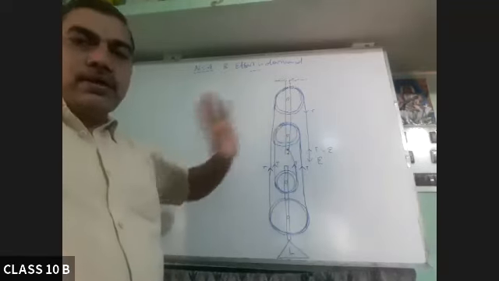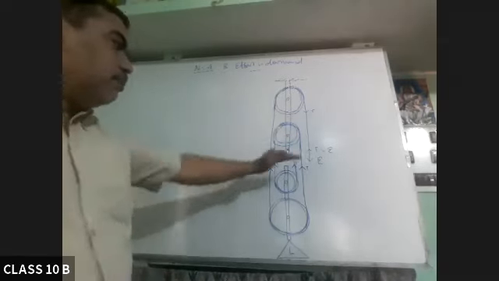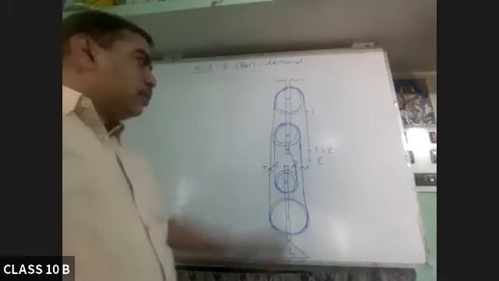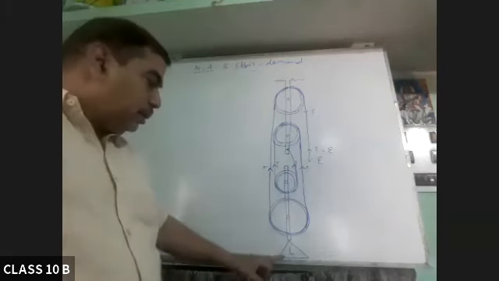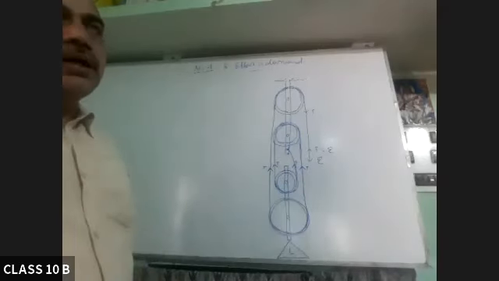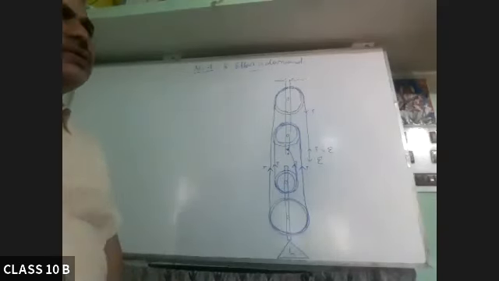If you are not showing that, no problem, but this much you have to show. This is the position of effort, this is the position of load, and these are the directions in which tension is active.